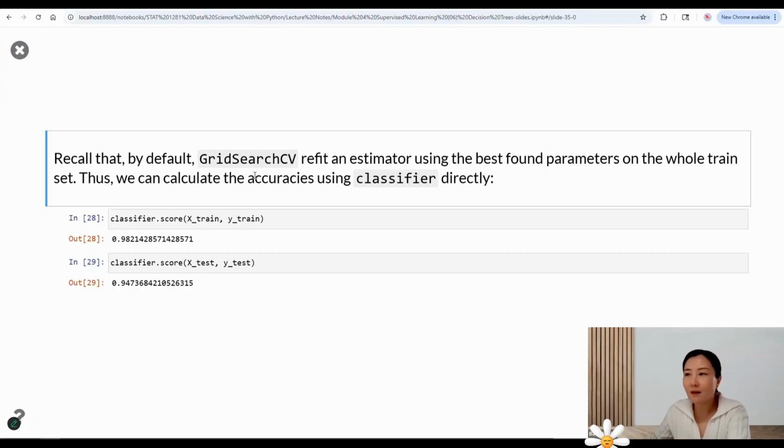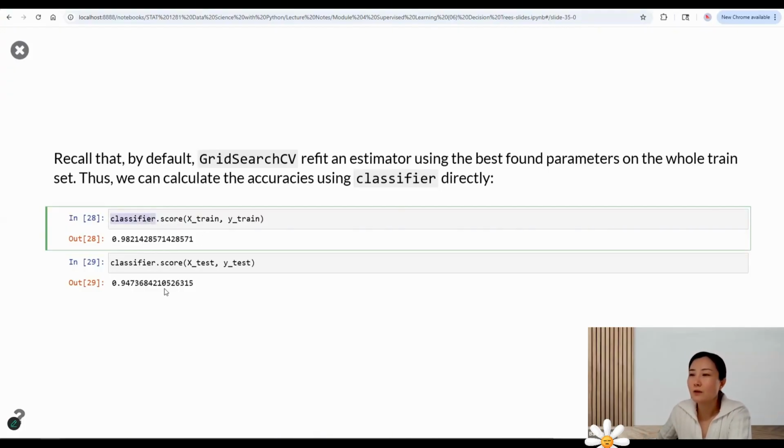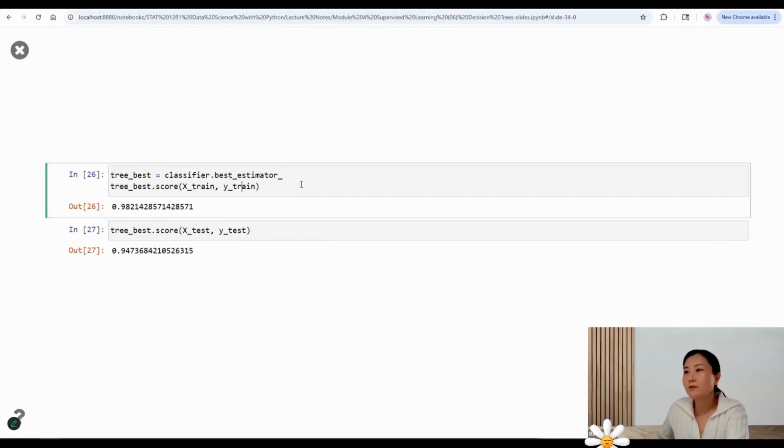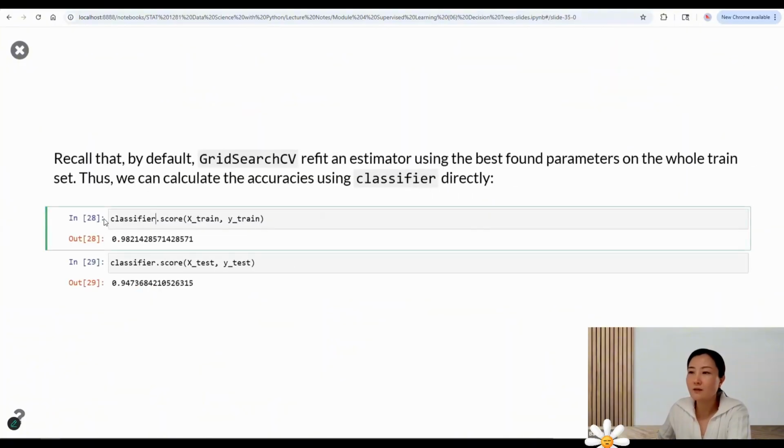So instead of defining the optimal model by ourselves, we can just directly call this classifier, and this is automatically the optimal model. Then we can call the score and get the same result. Just for your information, you can choose to do it in the explicit way, or you can just directly use the classifier. It must be the optimal model.